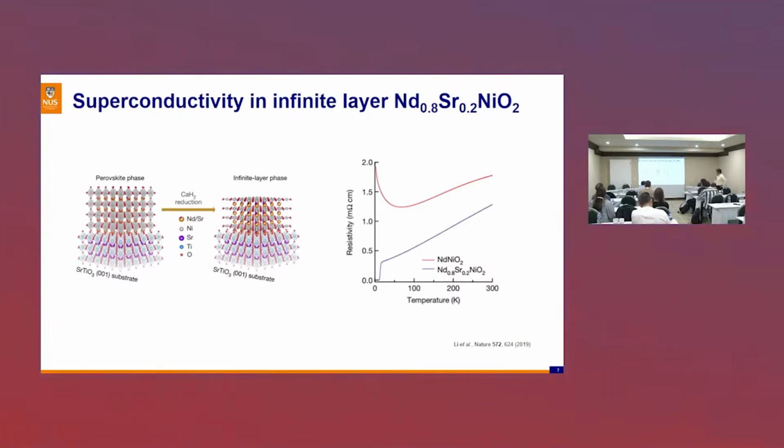Starting with the doped NdNiO2 perovskite, then reducing the apical oxygens, you go from the perovskite structure to the infinite layer structure. The parent compound itself, after the reduction without strontium doping, has a metal-insulator transition and weak localization at low temperature, while the doped one has a Tc between 10 to 15 Kelvin.